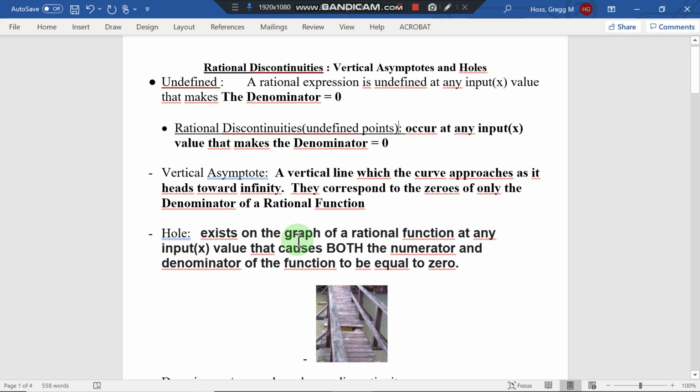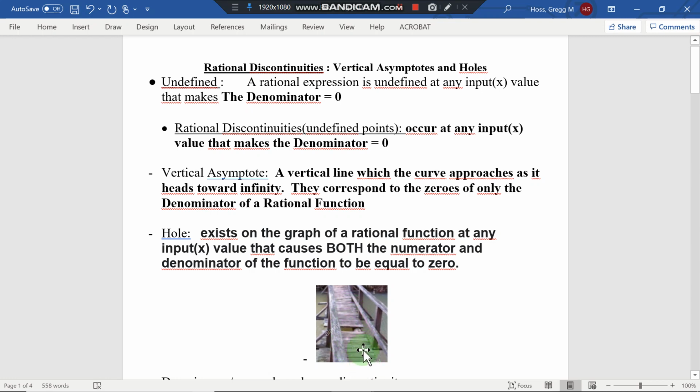A hole, another type of discontinuity, exists on the graph of a rational function at any input or x value that causes both the numerator and denominator of the function to be equal to 0. You can think of a hole like a bridge that's missing a plank.